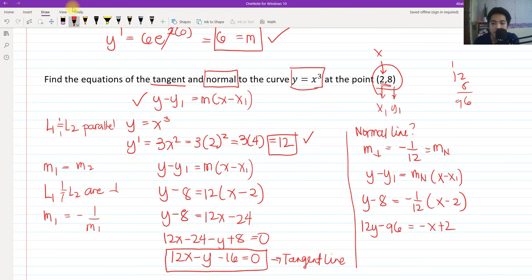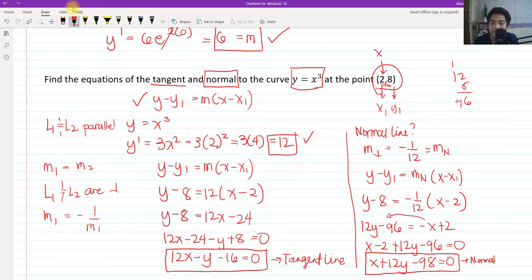So transposing this to the left side, we have x minus 2 plus 12y minus 96 equals 0. So we have x plus 12y, negative 2 minus 96 would be negative 98 equals 0. So this is now the equation of the normal line.